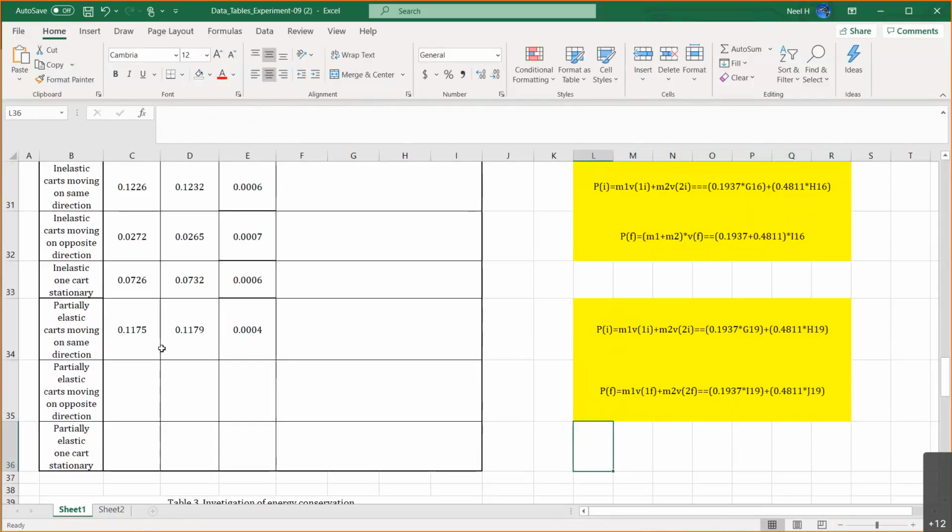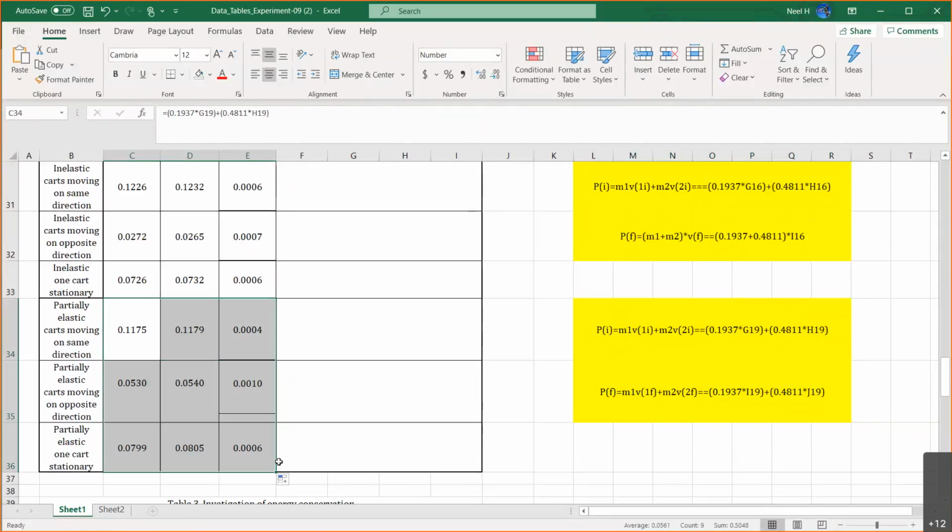Then the rest of the two you can just click and drag. You can see that in that case also the second one has a little bit of considerable error, but still if I rounded into the second or even the third decimal place, I will definitely get zeros for the changing momentum. Now those you have to explain, okay?